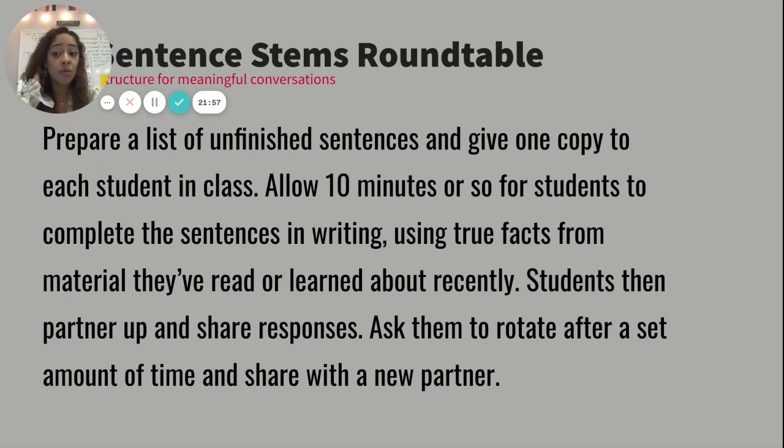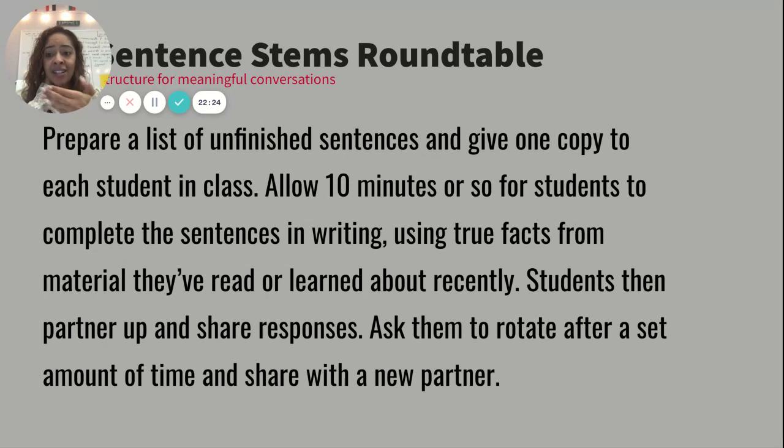So you would start with a list of sentence stems and give a copy to each student in the class, and then give students about 10 minutes to complete their sentences by writing them down using information that you have recently taught. So this would be at the conclusion of a lesson or the conclusion of a unit. And then students partner up and share their responses for a set amount of time.